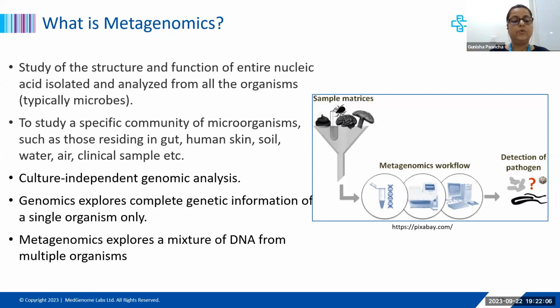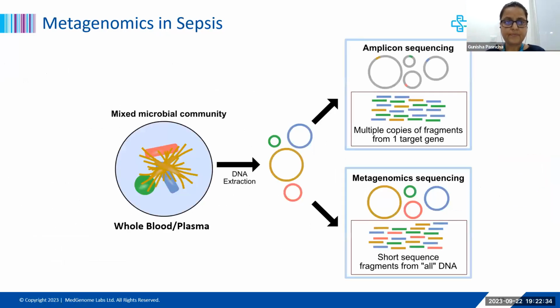It will also include microbes, and if there are bacteria, viruses, fungi, bacteriophages, all will be sequenced together. So this picture depicts that various matrices, a mixed community, DNA is extracted, it goes through a metagenomic workflow, which I mentioned. The workflow of next generation sequencing remains the same, and then there is detection of the pathogen.